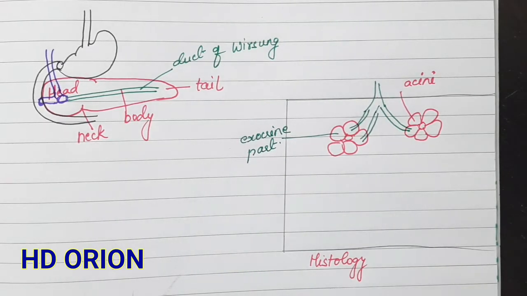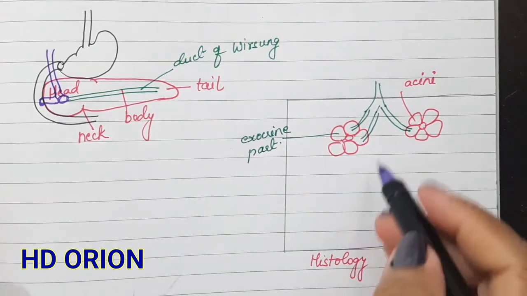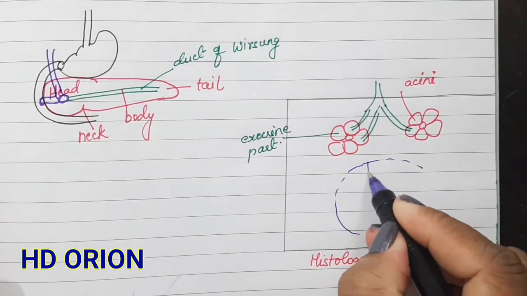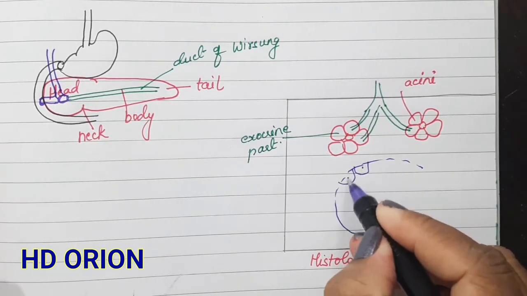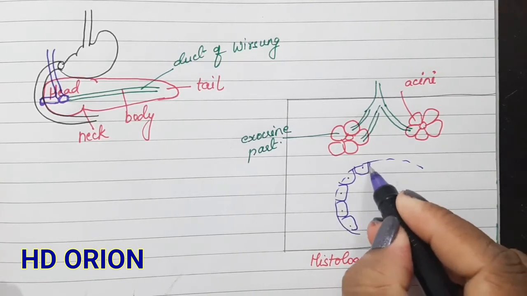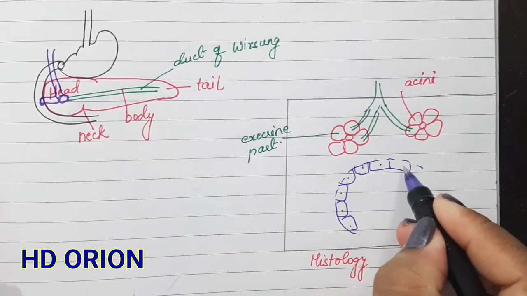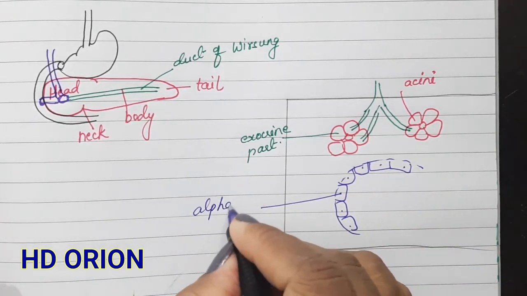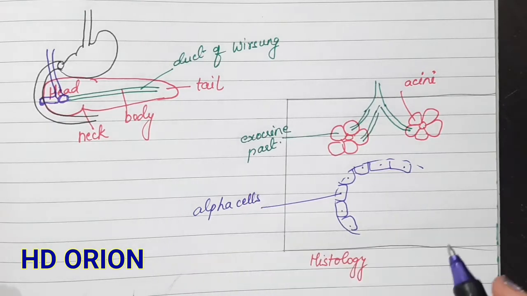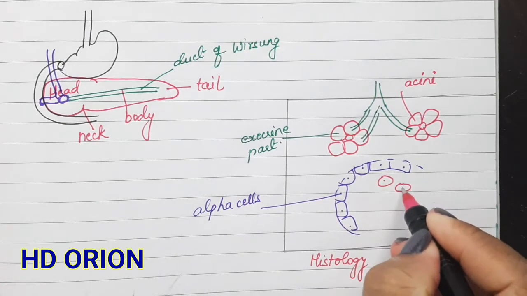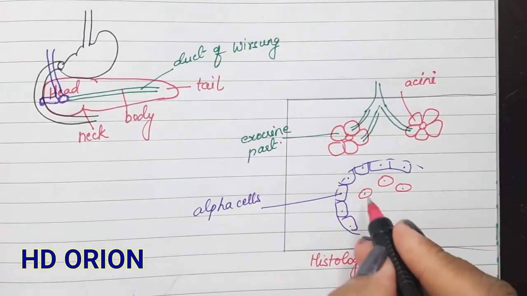The endocrine part is also present in the pancreas, and they have the cells which are arranged in layers. These cells which are present at the periphery or at the outer margin are known as the alpha cells. Then comes the next type of cells known as the beta cells.